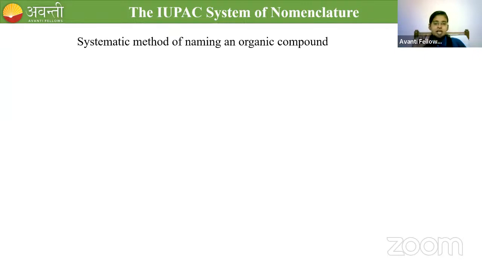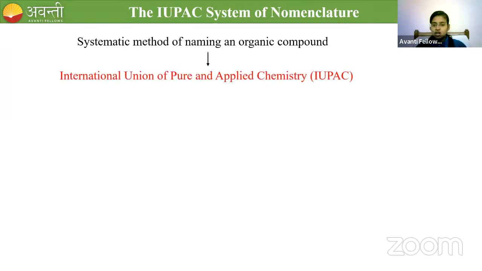Do you know the full form of IUPAC? Very good. The full form is International Union of Pure and Applied Chemistry. The full form is very important, so learn it.